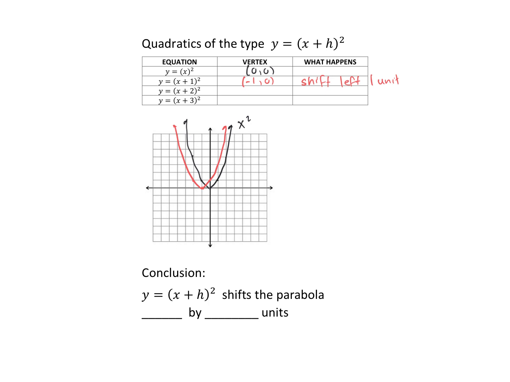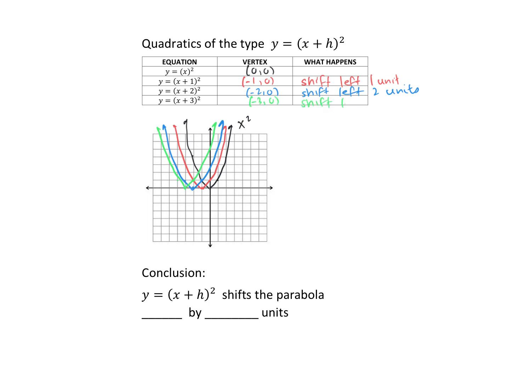If we do (x plus 2) squared, you'll find it goes left 2 units. The vertex is now at (-2, 0). And then finally, (x plus 3) squared goes 3 units to the left, and the vertex is now at (-3, 0).